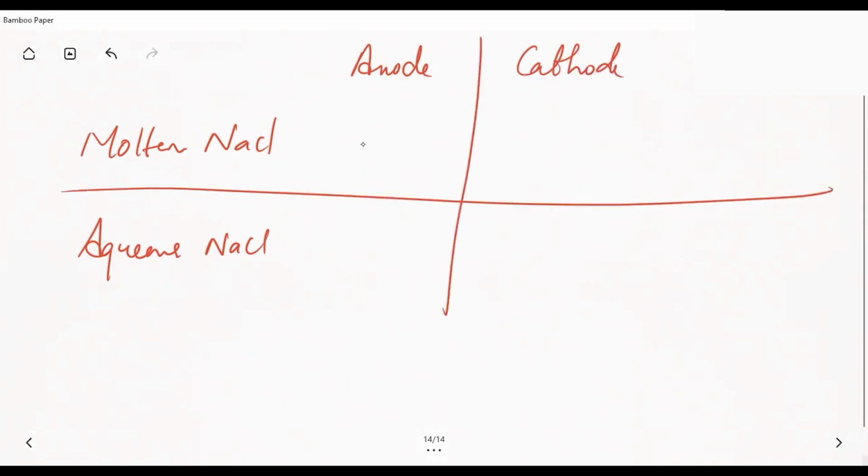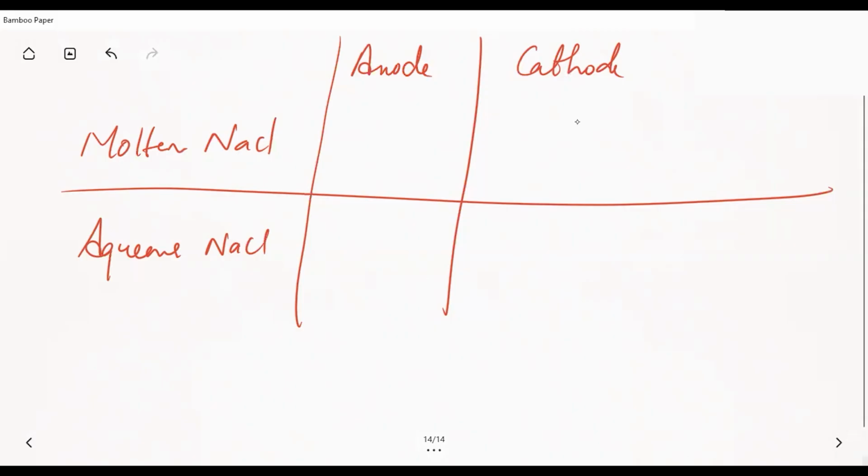When you are asked to write down the equations, you should know how the things are happening. If you memorize it by heart, sometimes you will be confused in the examination hall and it will go wrong. So don't just memorize, think at that time what is going on, which charge, who will be coming, so what is happening.